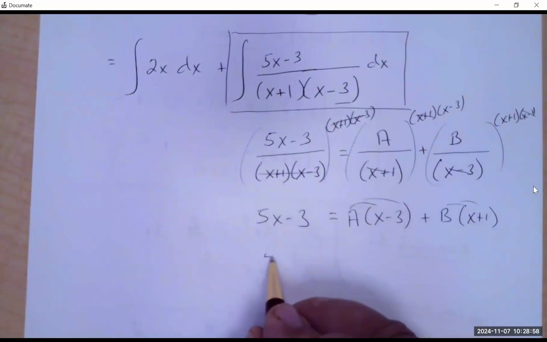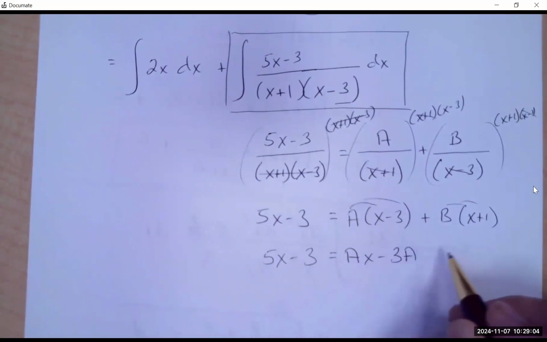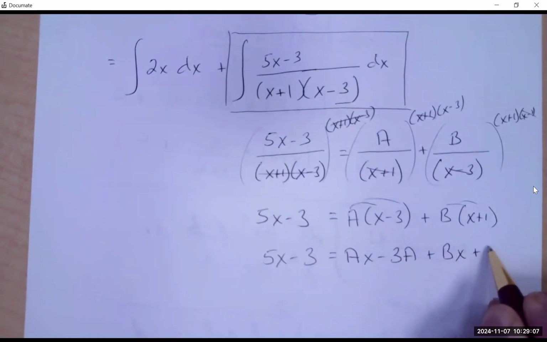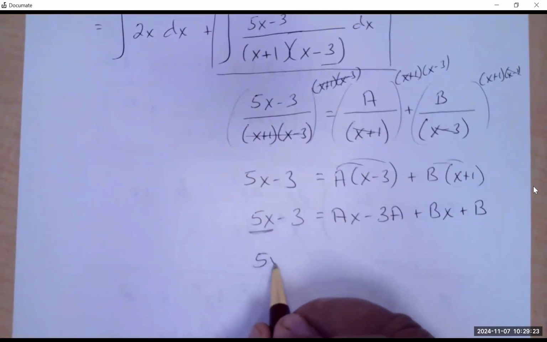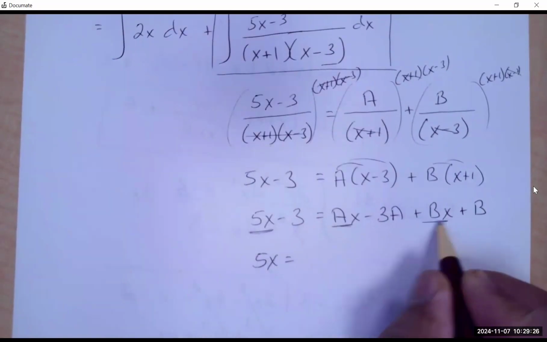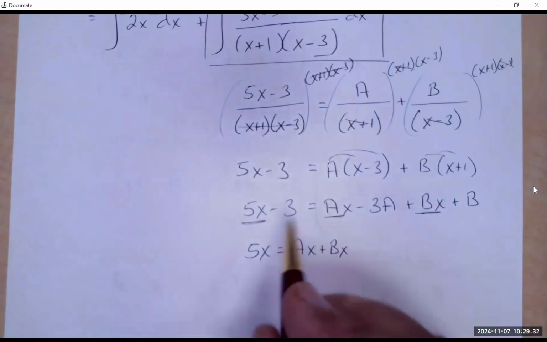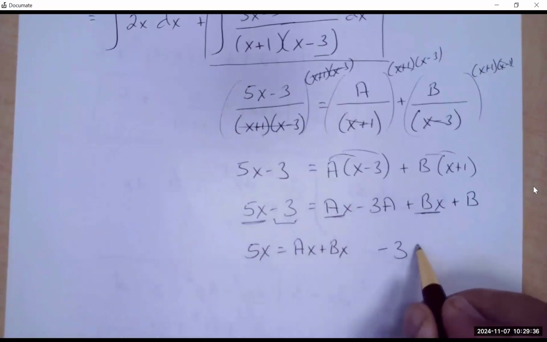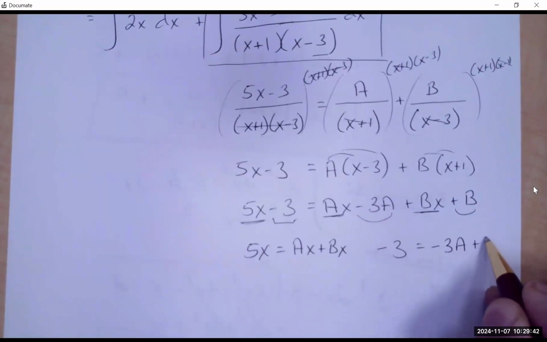Distribute: 5x minus 3 equals Ax minus 3A plus Bx plus B. So 5x has to equal Ax plus Bx, and negative 3 is equal to negative 3A plus B.